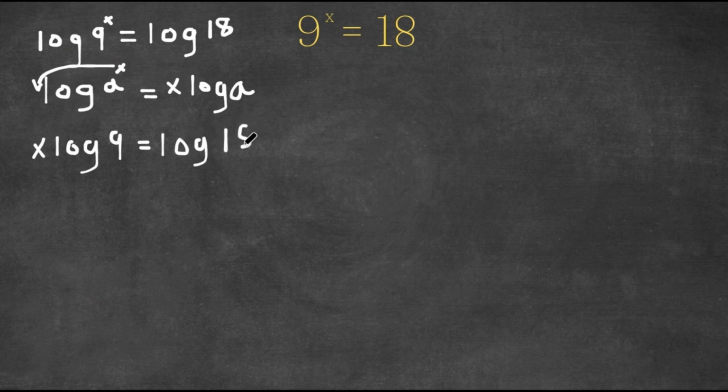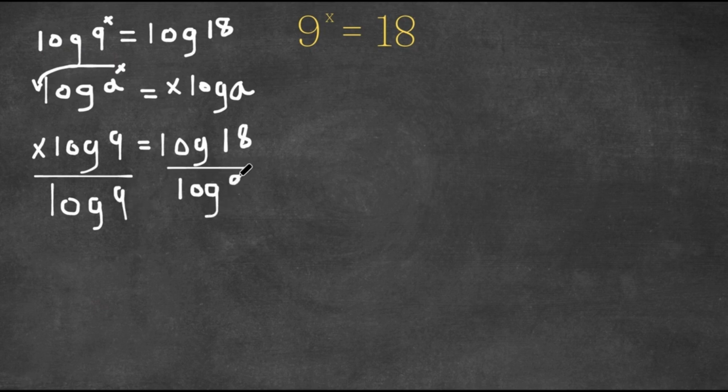And this is equal to log 18. Now, if I divide both sides by log 9, these two cancel out, and I would get x is equal to log 18 over log 9, which is the same thing as log 9 times 2 over log 9.